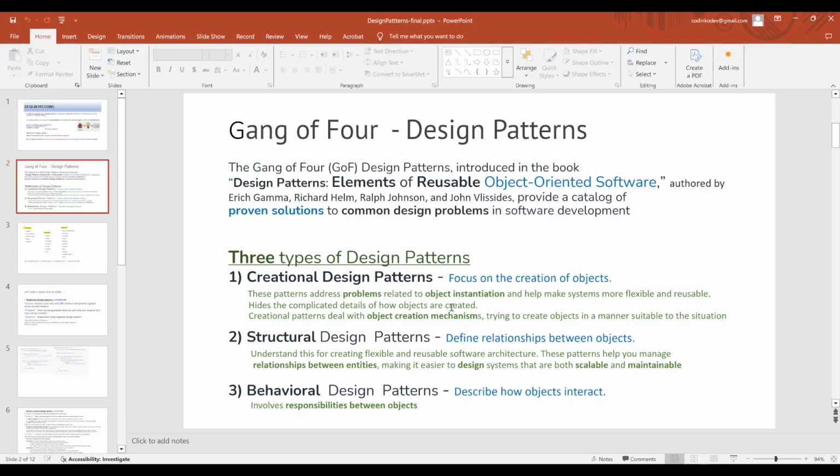These patterns help you manage relationships between entities, making it easier to design systems that are both scalable and maintainable. Let's say you define the relationship between the objects and entities, but there is a problem: it's no more scalable. There's tight coupling, and it's no more scalable.